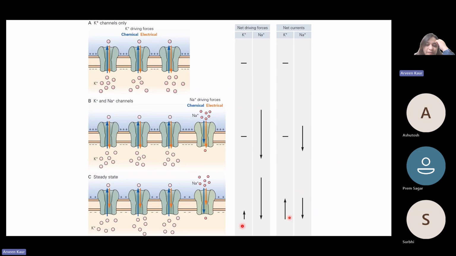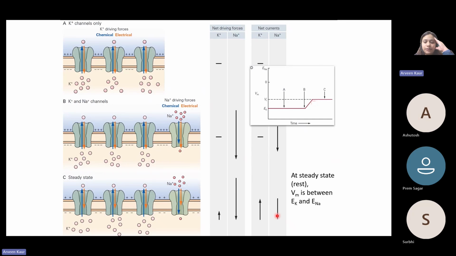So there is a net driving force wherein more sodium is getting driven inside and less potassium is taken outside. But the net result of this current is somewhere around here, which basically is the representation for a steady state current, wherein the membrane potential is at almost the resting membrane potential or the equilibrium, right?